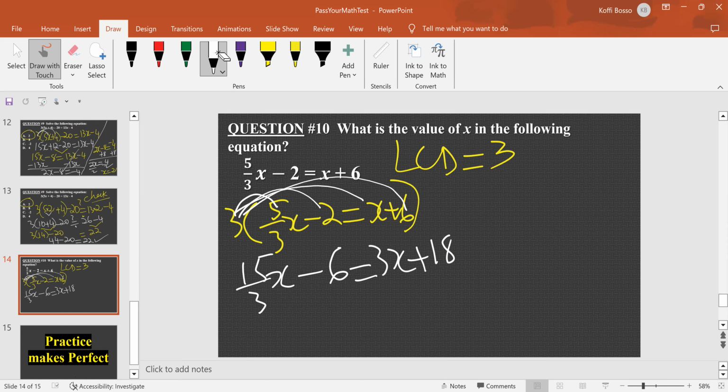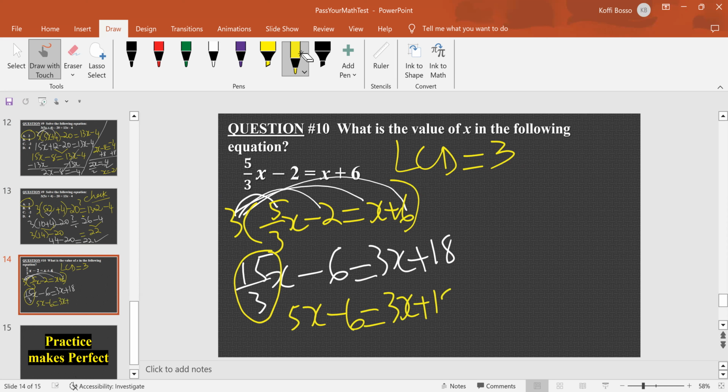You'll see that 15/3x is the same as 5x. So 5x minus 6 is equal to 3x plus 18.